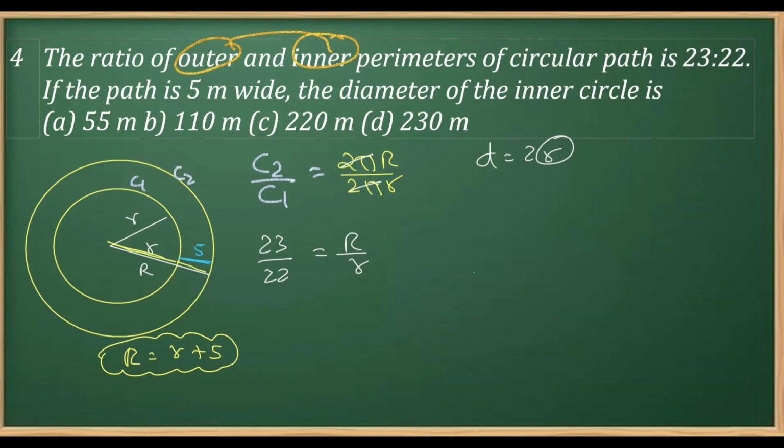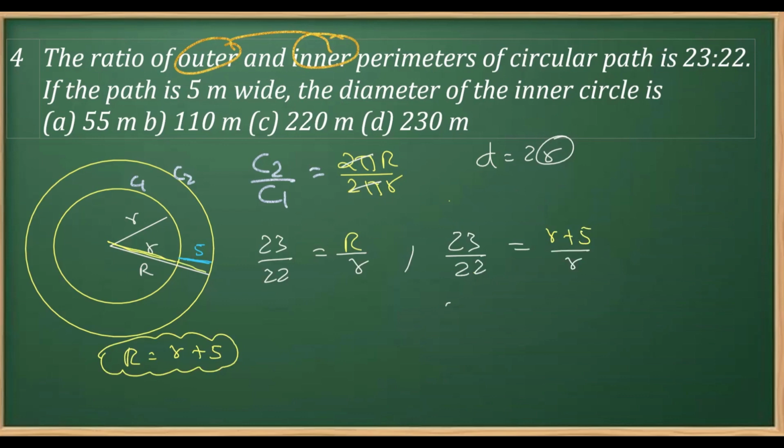I'm going to use this idea. I'll replace this capital R with the value. So in that case, what we'll get here is 23 over 22, replacing this capital R with small r plus 5, and that divided by small r.